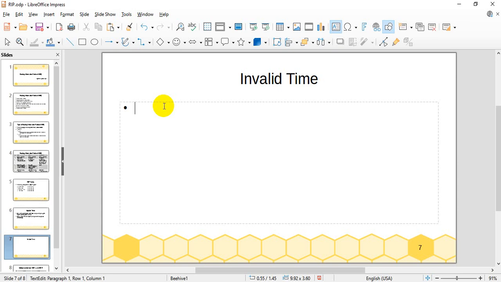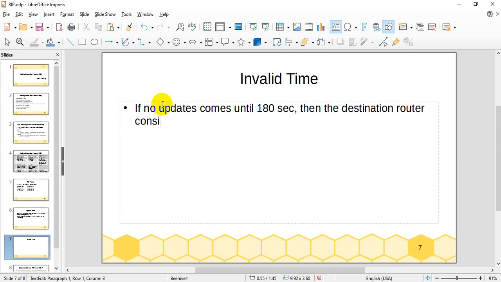Okay, let's write the theory. If no update comes until 180 seconds, then the destination router considers it as invalid.